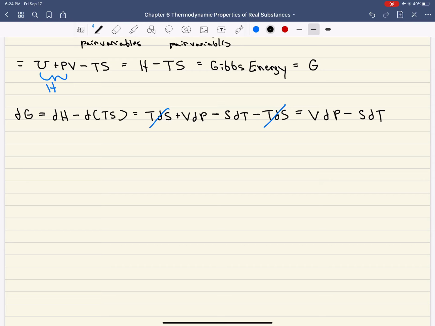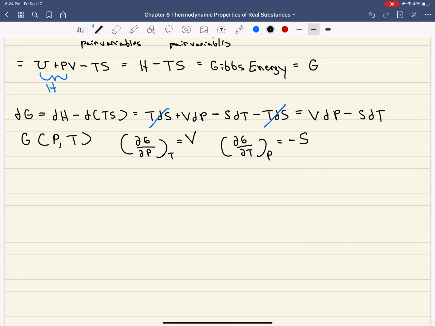Okay? And so for G, the canonical variables are pressure and temperature. Right? And so, like the Helmholtz energy, for Gibbs, both of the canonical variables are measurable things. Okay? For the partial derivative analysis, dG/dP at constant T is equal to volume, and dG/dT at constant P is equal to negative S.